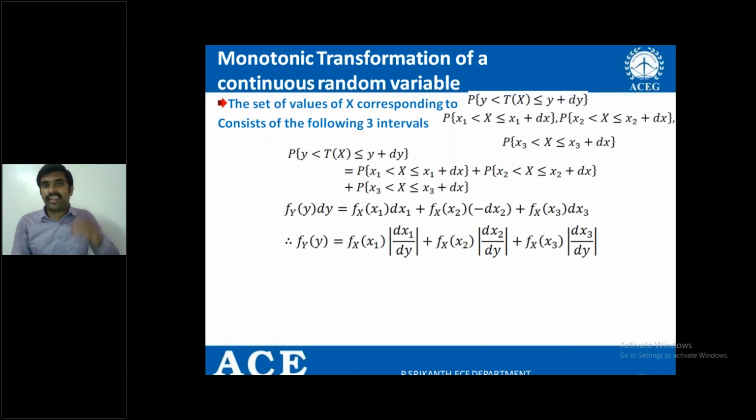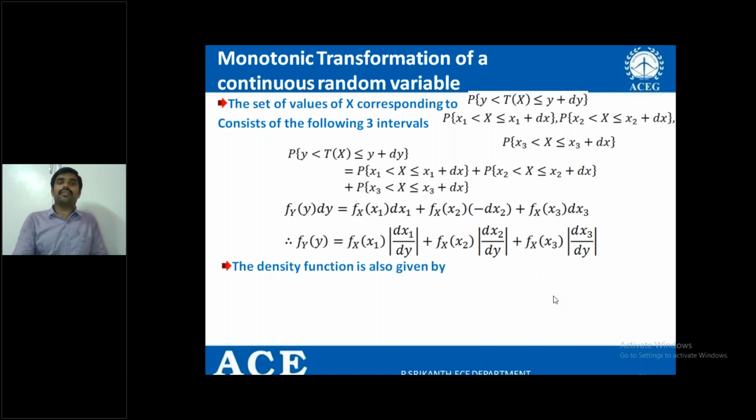For an increasing transformation it is plus dx/dy, and for a decreasing transformation I got minus dx/dy. To represent the complete monotonic transformation, irrespective of increasing or decreasing, I can use the mod. So similarly, fx(x1)|dx1/dy| plus fx(x2)|dx2/dy| plus fx(x3)|dx3/dy|, right?